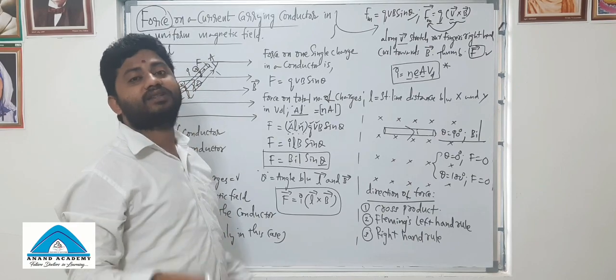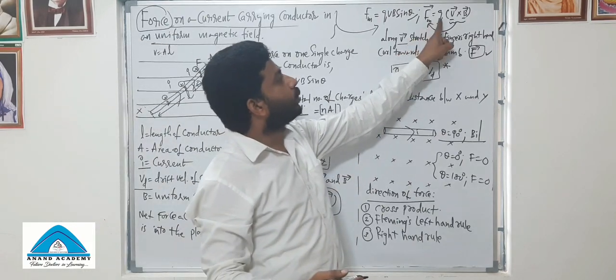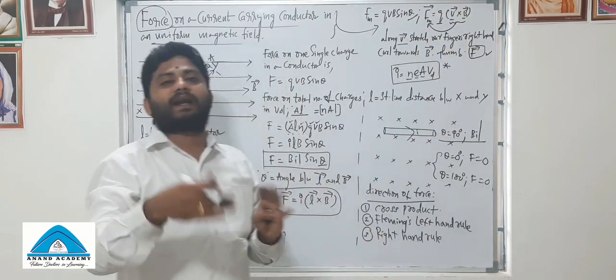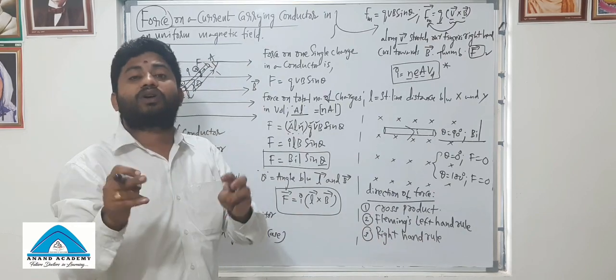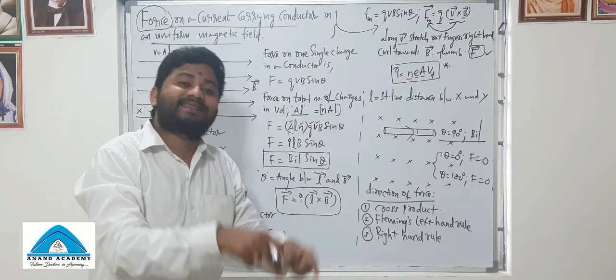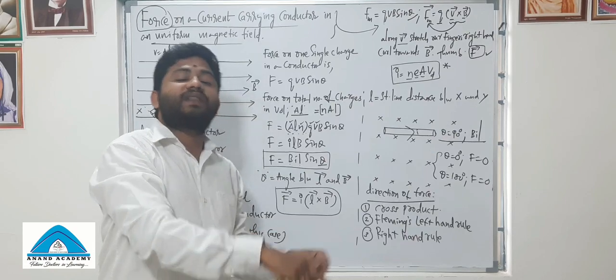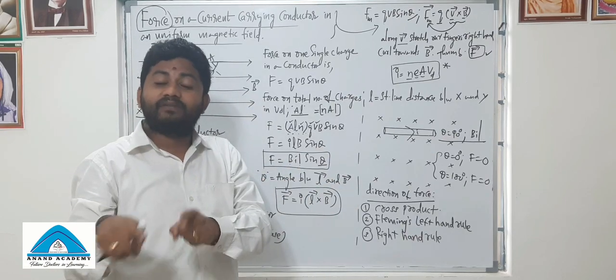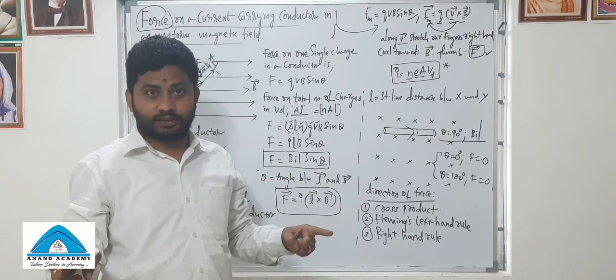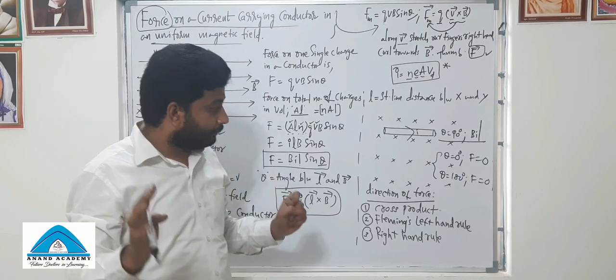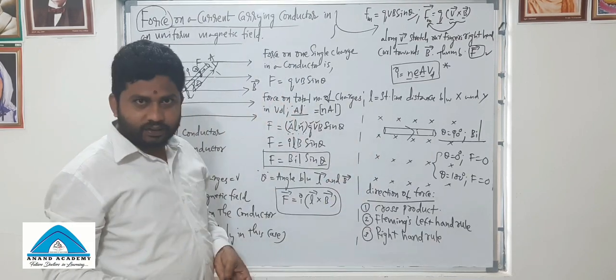Force on a moving charge in a magnetic field will be Q into V bar cross B bar. It's not B bar cross B bar. We should not do that because the direction will be reversed as the quantity is a vector. Even if the direction is changed, we say the quantity is changed. Remember that.